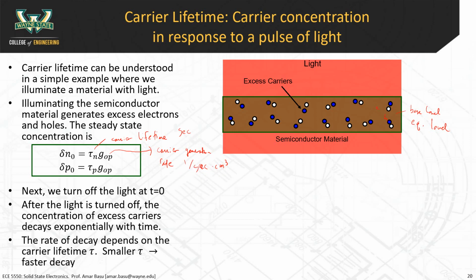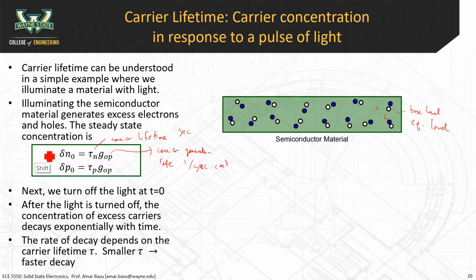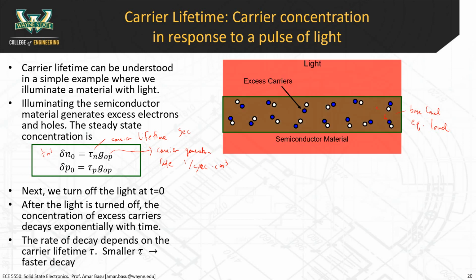When you multiply these two together, the seconds cancel and you're left with 1/centimeter cubed. We'll talk about steady state generation on the following slide, but let's look at the carrier lifetime question. You shine the light on the material, you generate these excess carriers, and they can be calculated by this equation: sigma n0 and sigma p0.